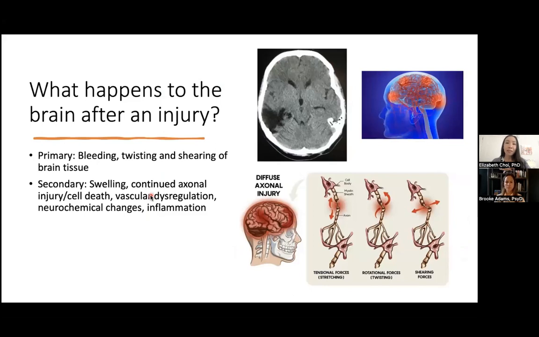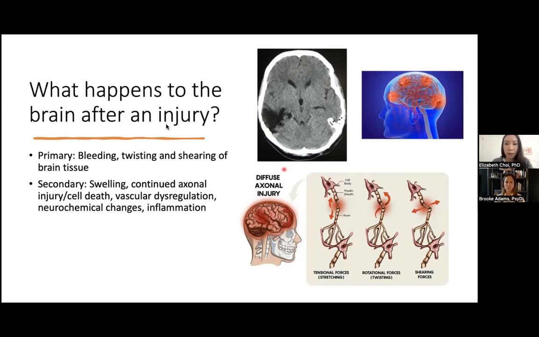So we always have clients ask what exactly happened to the brain after an injury, or during the injury actually, which leads to cognitive changes. Now, there is a range of physiological damages, and we tend to look at injuries on a primary and secondary level. So primary means immediately after the injury, where there could be bleeding, twisting, and shearing of brain tissue.